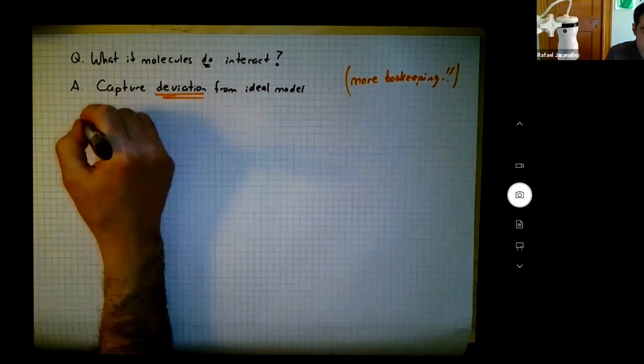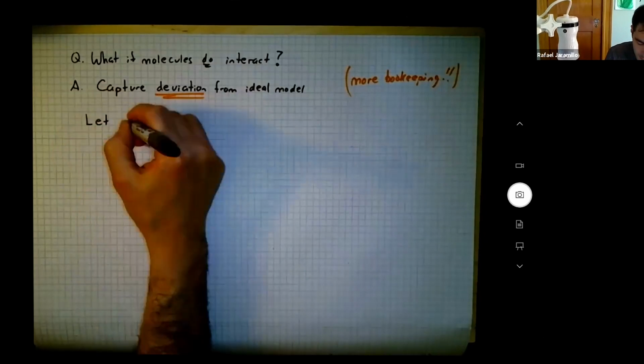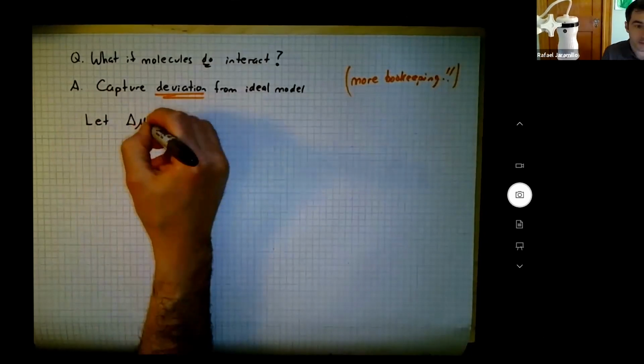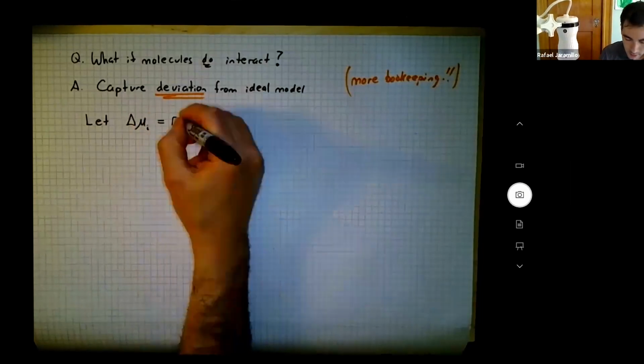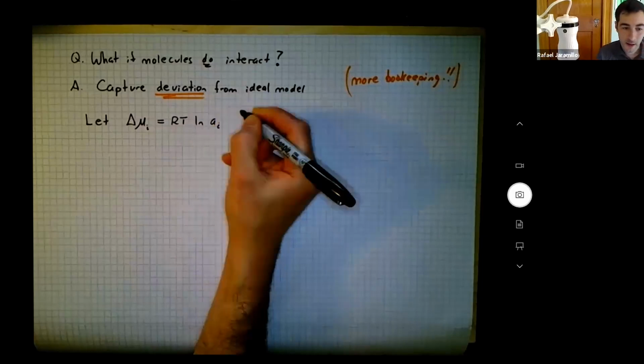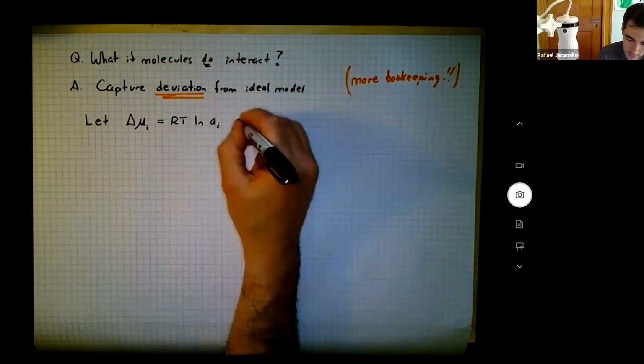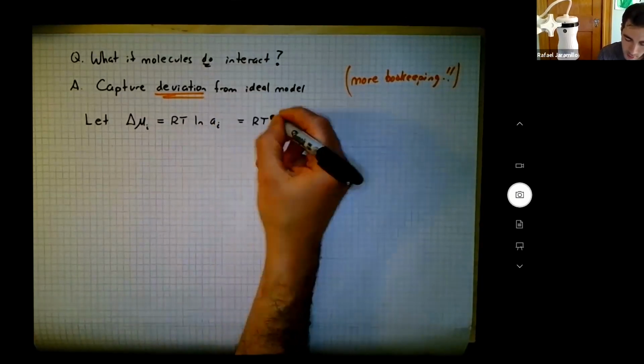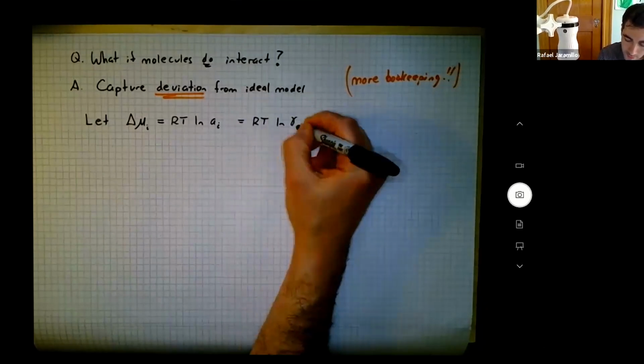We let delta mu equals RT log of a_i, I'm going to introduce that in a second, equals RT log gamma_i x_i. And just bear with me.